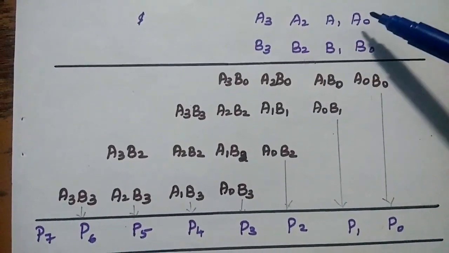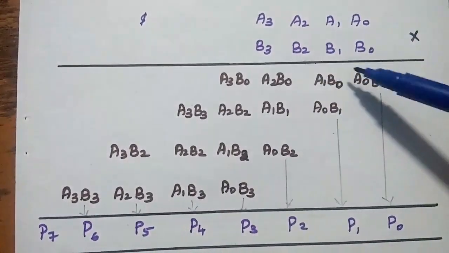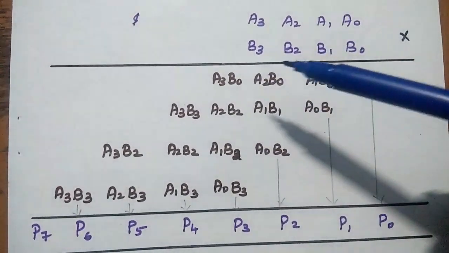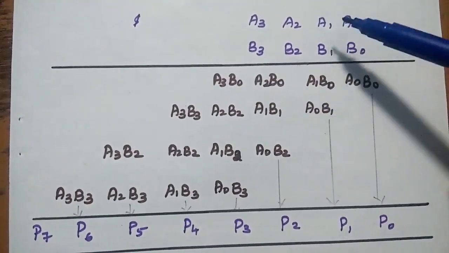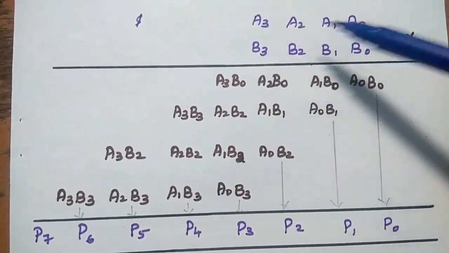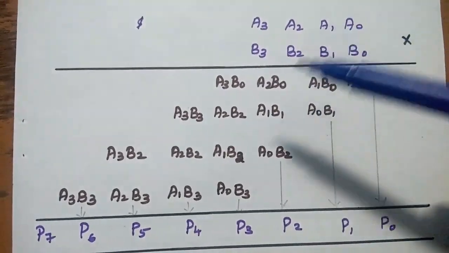So here we have to multiply B0 A0, B0 A1, B0 A2, B0 A3. While doing this partial product, B1 is multiplying with these 4 bits. Simultaneously, B2 is also multiplying with these 4 bits, and B3 is also multiplying with these 4 bits.